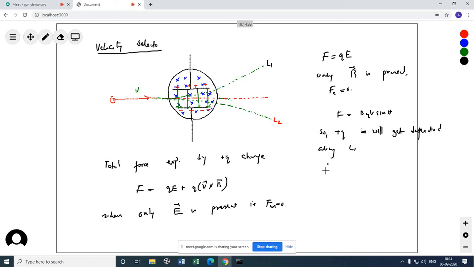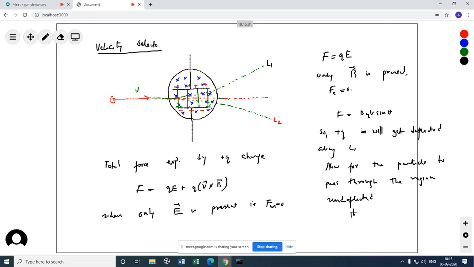Now for the particle to pass through the region undeflected, what should we do? F should be equal to 0. The net force acting on it should be 0.